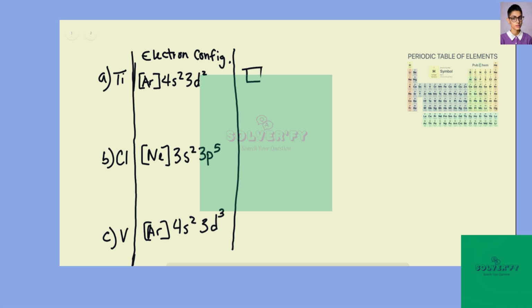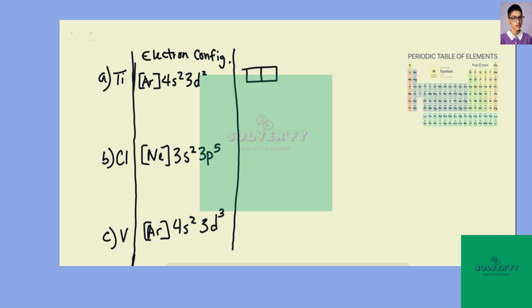You want to go to the last noble gas, and then for the entire row of following orbitals, you'll write those out and then fill in the electrons that are in those orbitals.